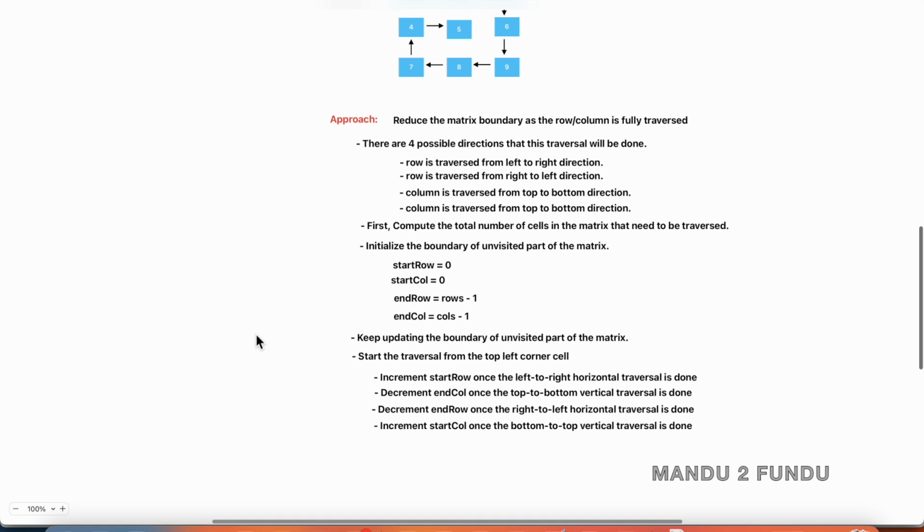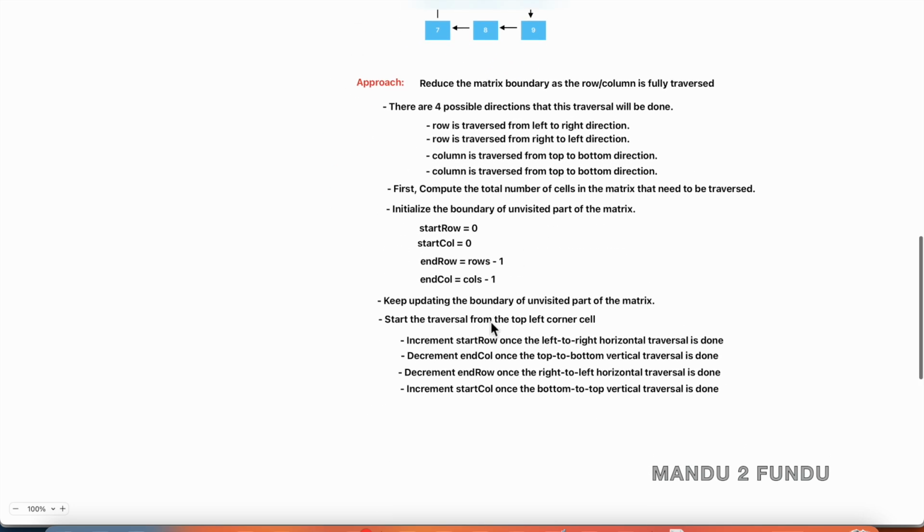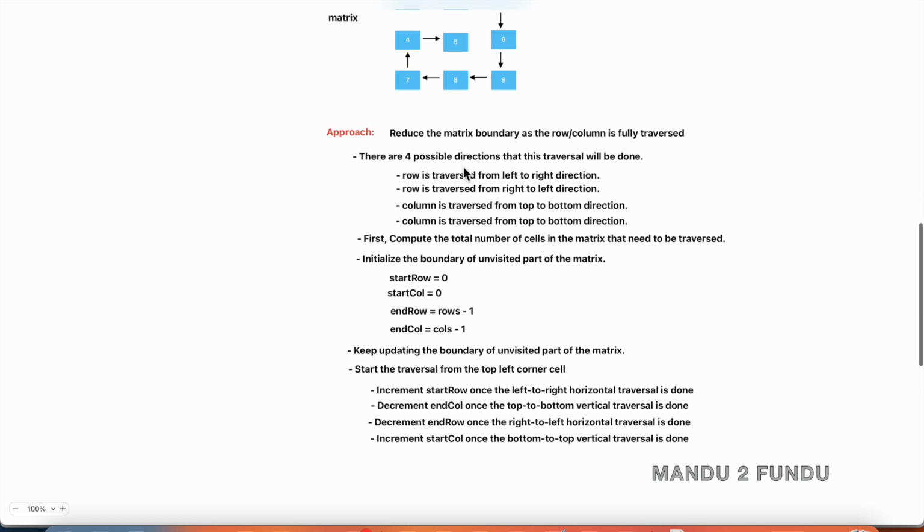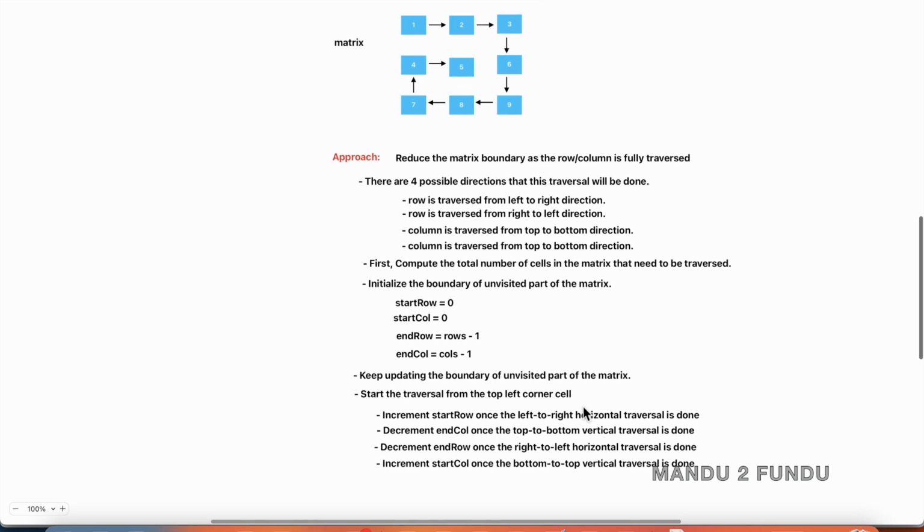Then we have to keep updating the boundary of the unvisited part of the matrix as we complete each row. For example, increment the start row once the left to right horizontal traversal is done. So when this is done, we increment the row index so that only this portion will be traversed next. Then decrement the end column once the top to bottom vertical traversal is done.